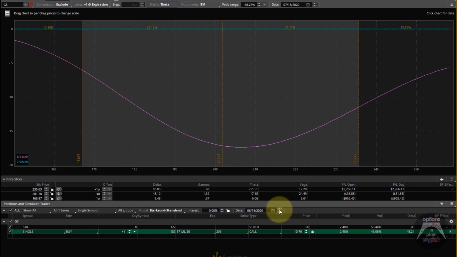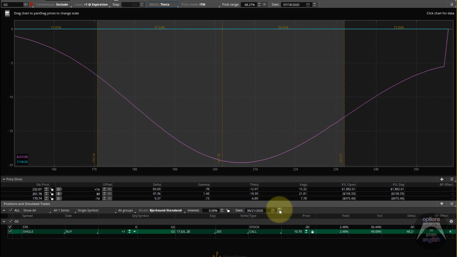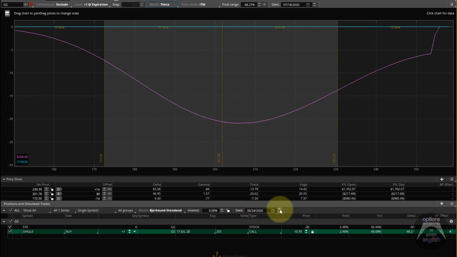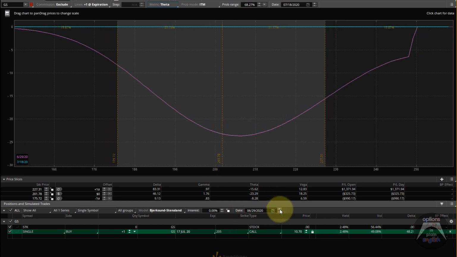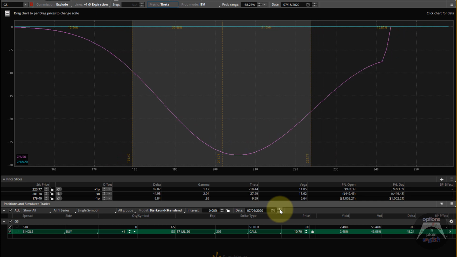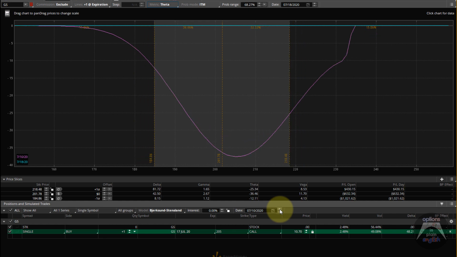And if I start moving time, you can see how the actual axis changed, so it's still going even lower and lower. So this is what's happening as time passes. This is the acceleration of theta, how theta changes.